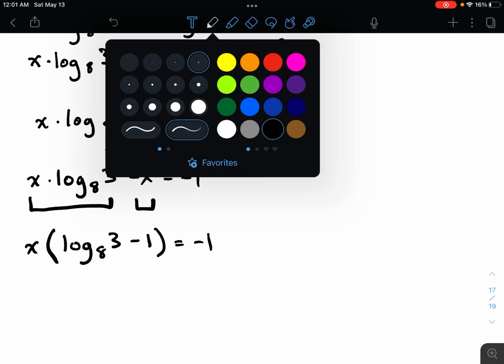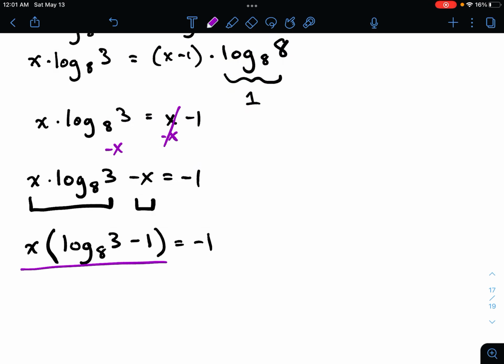So the last thing I have to do is just divide both sides by log base 8 of 3 minus 1. Divide this by log base 8 of 3 minus 1. Now remember, this 3 minus 1, you can't have this together. You can't just make it a 2. This is something separate. This is its own thing. This is its own thing. All right. You have to make sure on your calculator that you separate it.